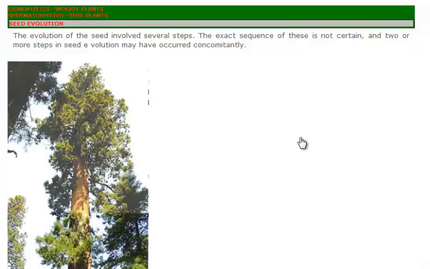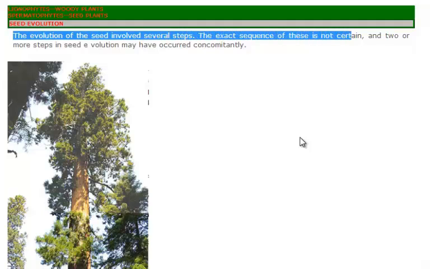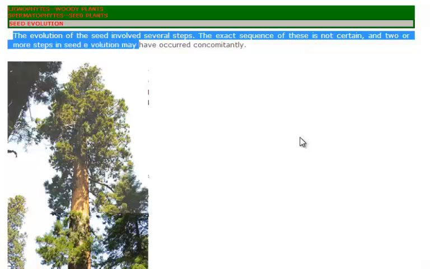Seed evolution. Seed evolution occurred in several steps. The exact sequence of these is not certain, and two or more steps in seed evolution may have occurred concomitantly.